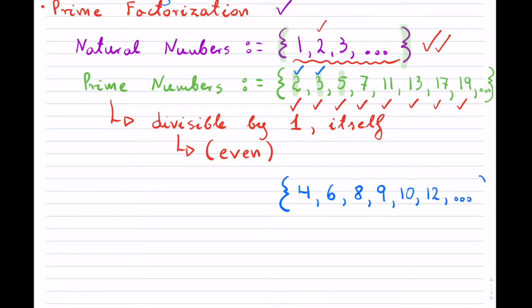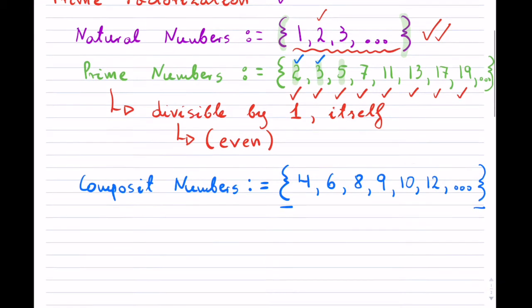And again, this set, which I'm putting in brace brackets here, is the set of all our composite numbers. Meaning, it is the set of all natural numbers that can be divided by some prime.